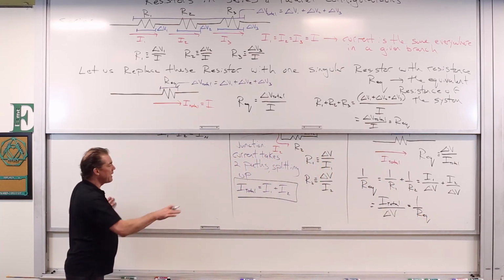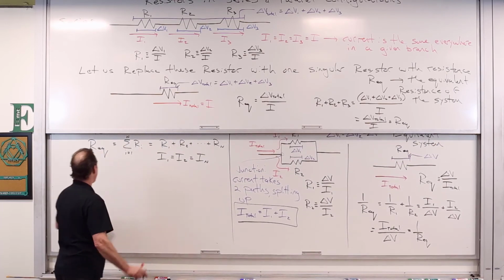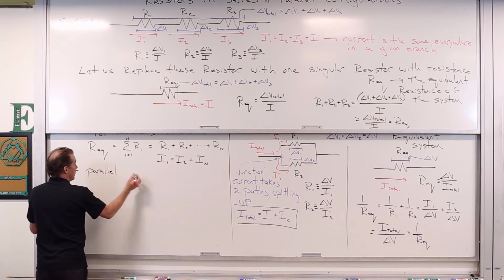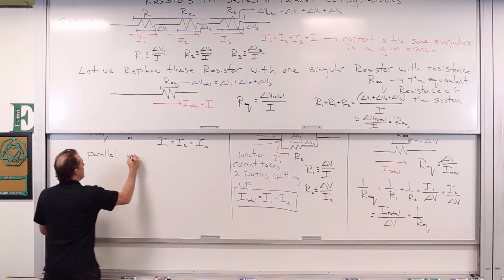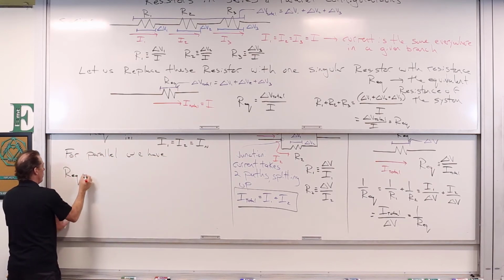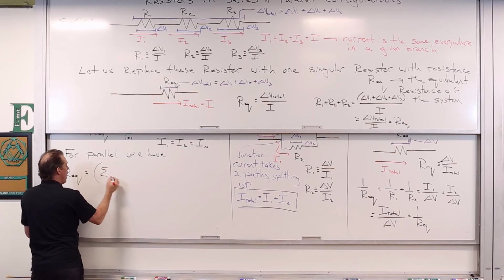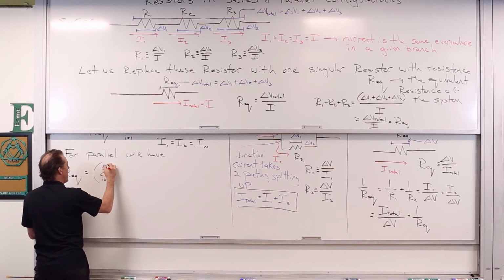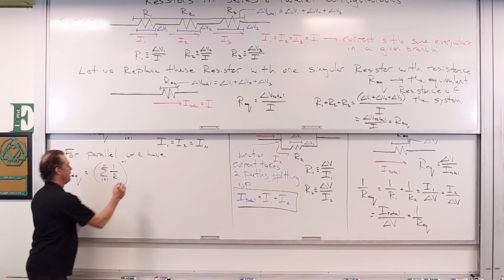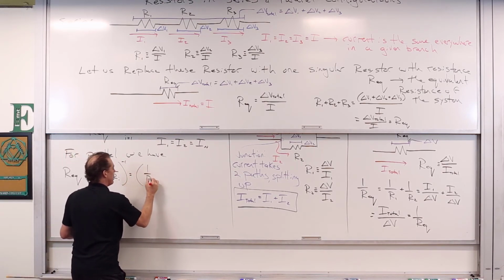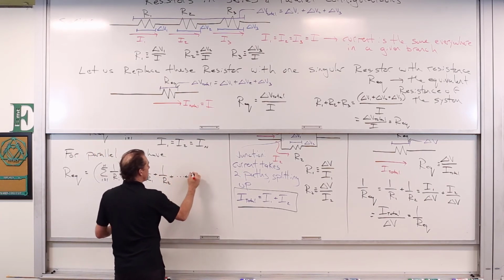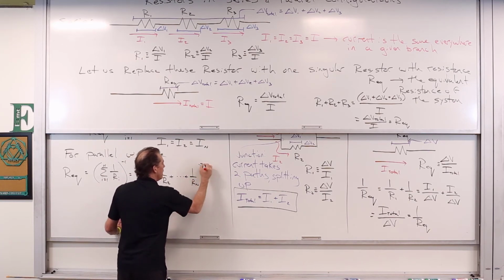So, in terms of them adding in parallel then, we have that Req is equal to the quantity of the sum from i equals 1 to n of 1 over R sub i, to the negative 1, which is the quantity of 1 over R1 plus 1 over R2 plus dot dot dot plus 1 over R sub n, to the negative 1.